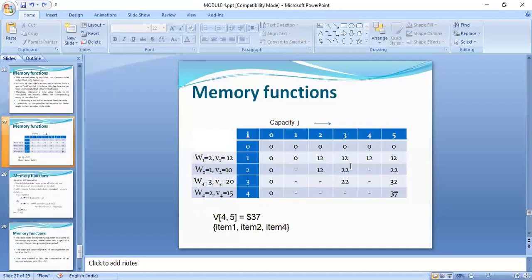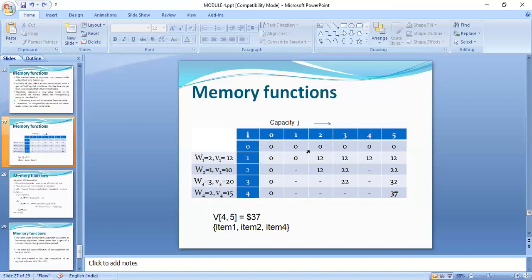Suppose you want the value of 2 comma 4 and it is a null value; you calculate the value. Here we have calculated up to 4 comma 5 using this algorithm. Notice that we are combining both the top-down and bottom-up approaches.